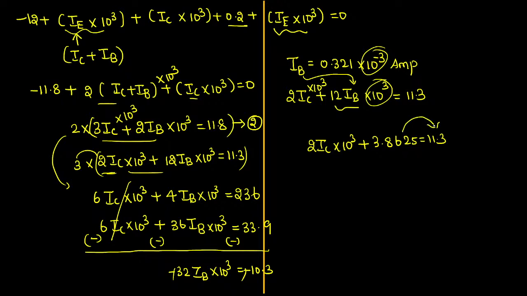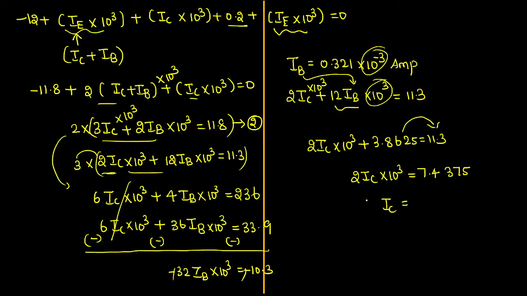Let us pass it to the right side and subtract it from 11.3. So finally it will become 2IC into 10 power 3 equal to 7.4375.